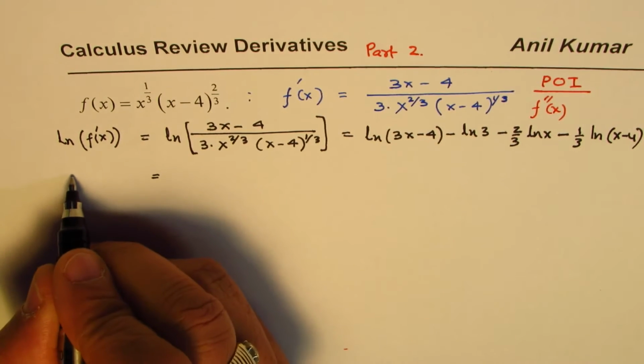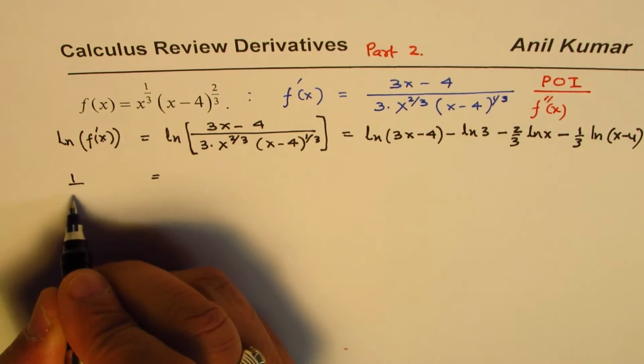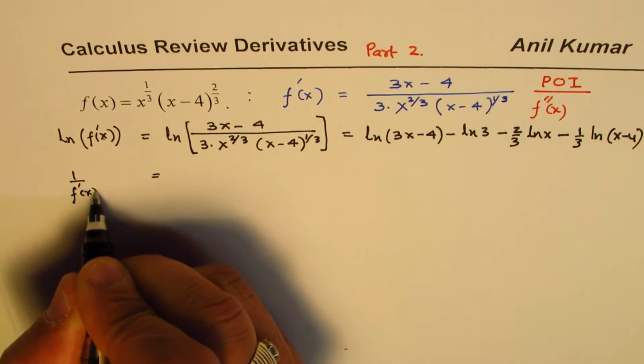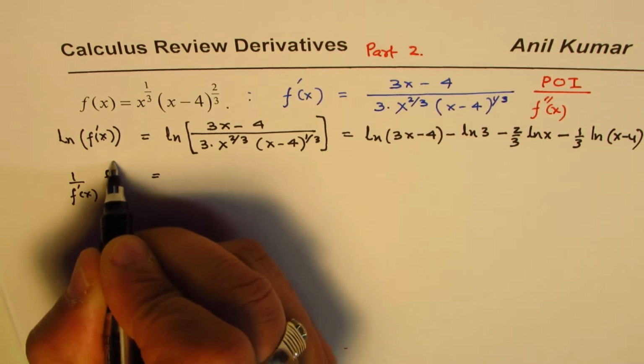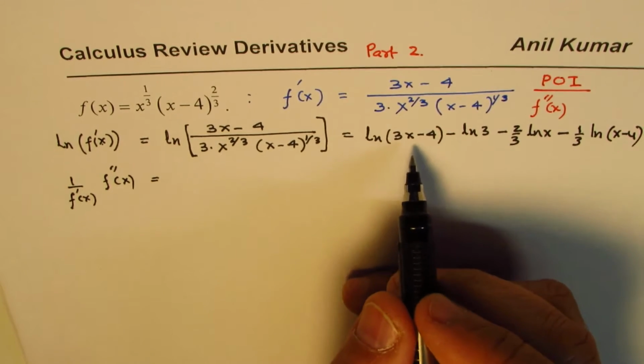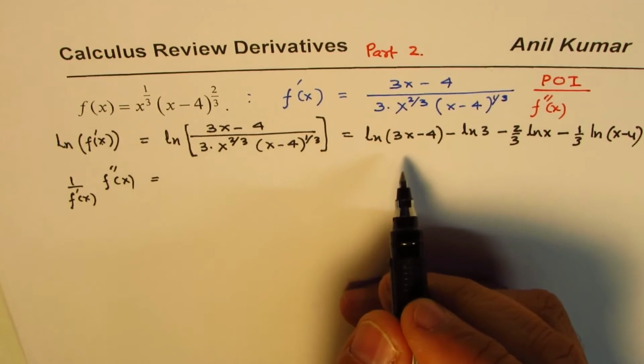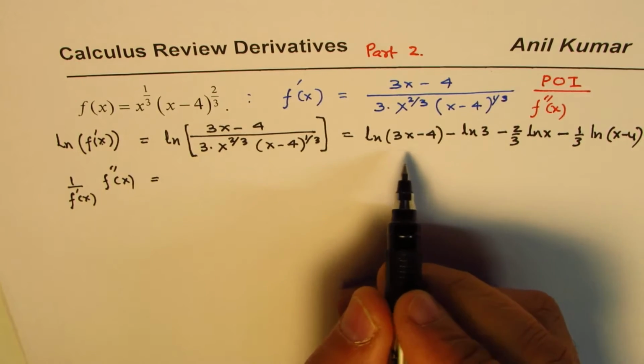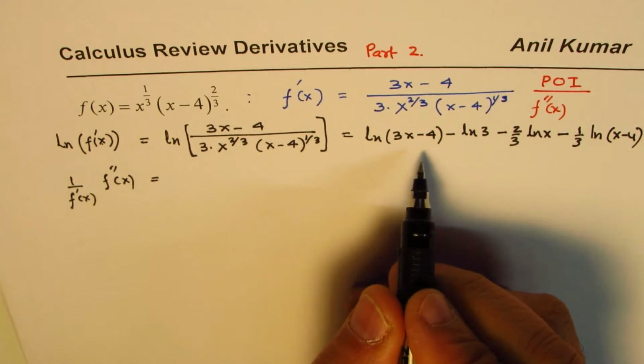Derivative of this function will be 1 over the function itself, which is the derivative, right? Times the derivative of this function. So we get the second derivative. So that's a tricky part, but it helps to simplify the whole expression. You will soon see how. We could have done it with quotient rule also. Anyway, I hope for some students that will be interesting.